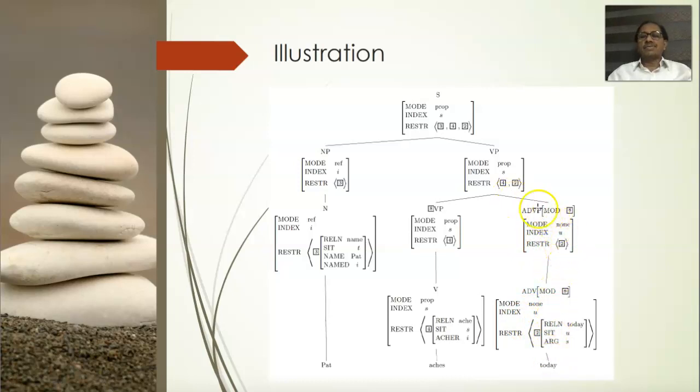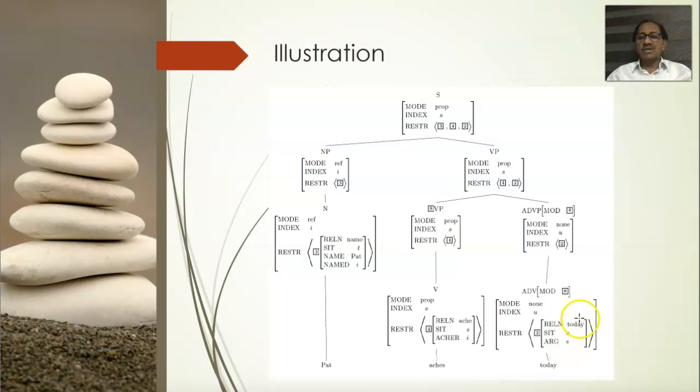But when we go up, the adverb phrase combines with the verb phrase. The verb phrase's restriction value is 4, and this adverb phrase's restriction value is 2, and these two are put together, right? The sum of restriction values 4, 2. Now what we understand here is that the S, which is the index of the modified, which has come from here, is the same as the index of the argument.